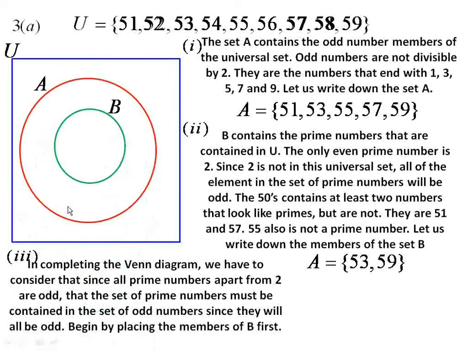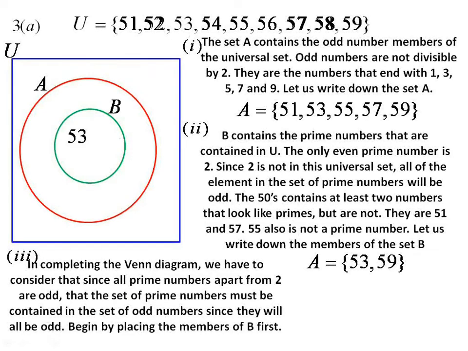So we have the two sets. B is required to be inside of A, because all prime numbers between 50 and 60 are also odd. So they are required to be in the set of odd numbers.